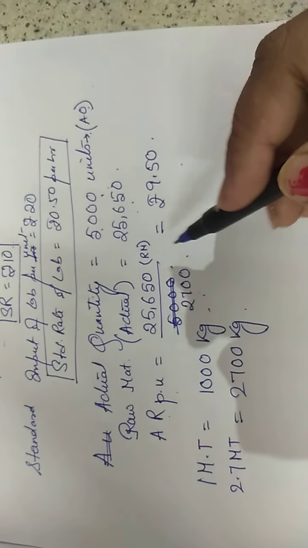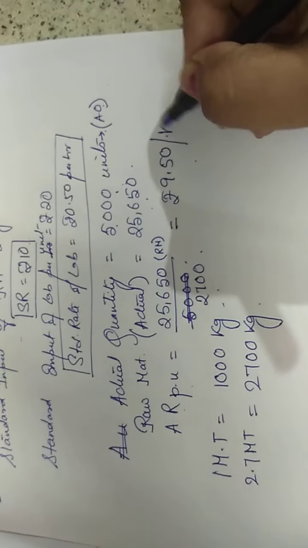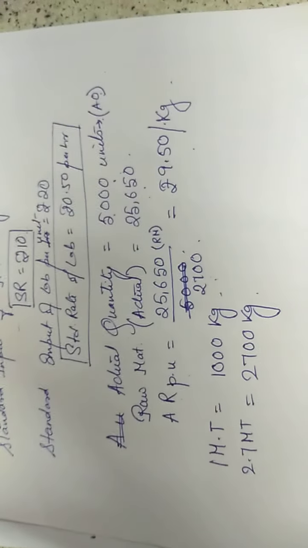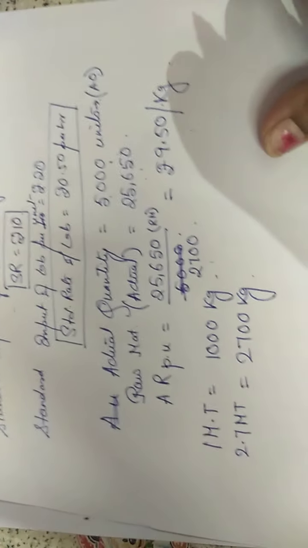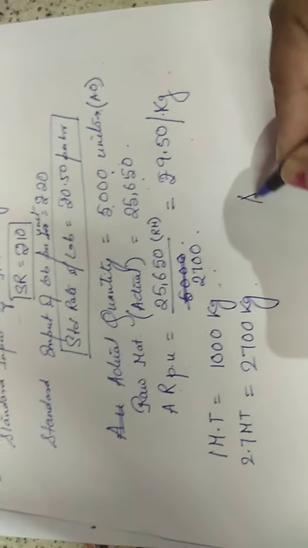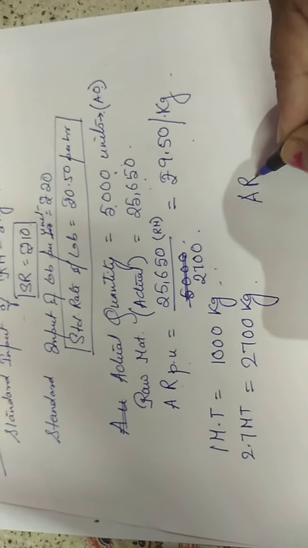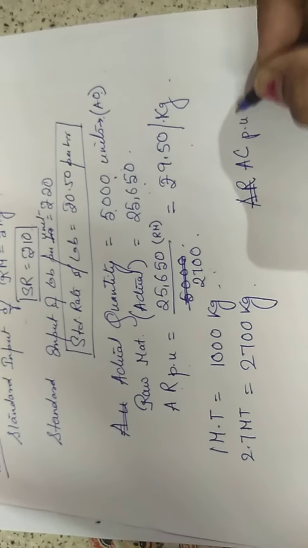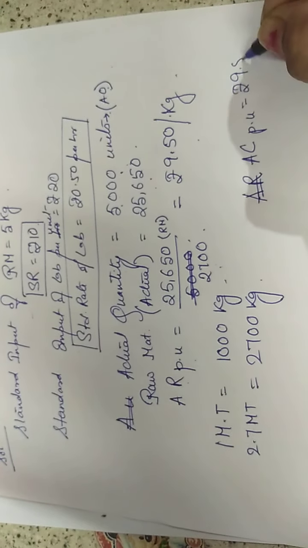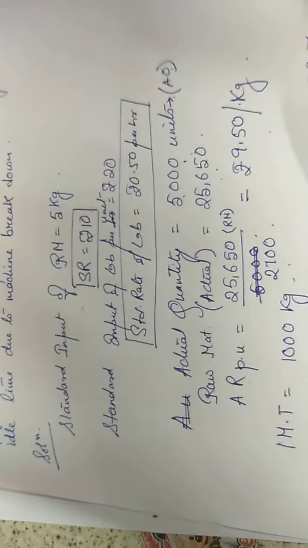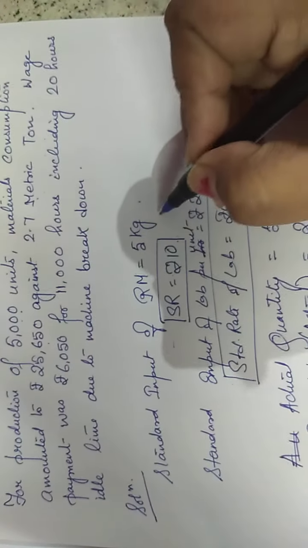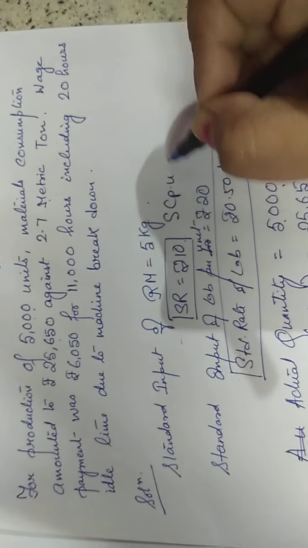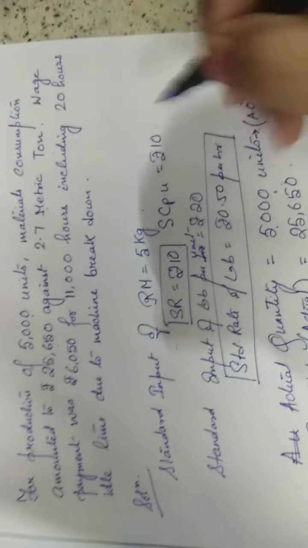Then how much is the cost of raw material per kg? It is rupees 9.50. So here I get the actual cost per unit rupees 9.50, and this is my standard cost per unit rupees 10, and this is my standard rate of labor.